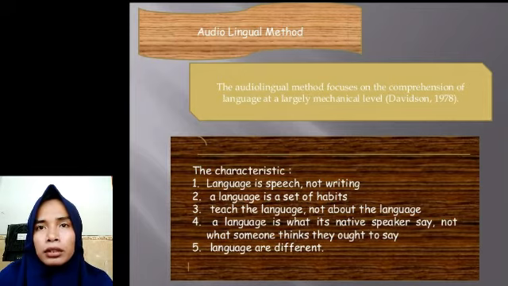Number 2, a language is a set of habits. Number 3, teach the language, not about the language. Number 4, a language is what its native speakers say, not what someone thinks they ought to say. And 5, languages are different.